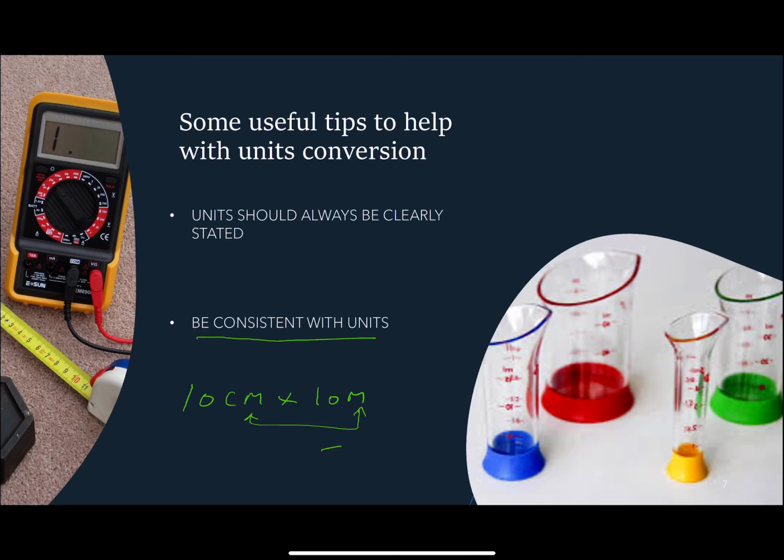Because you get 100, in this case 100 what? Meter or centimeter? If you put centimeter, of course you're assuming squared, and in this case that's wrong. Or if you say centimeter meter, that doesn't make sense. So that's why we have to unify. So you convert this probably to centimeter, or this side you convert to meter, and so on. So be consistent with the units.